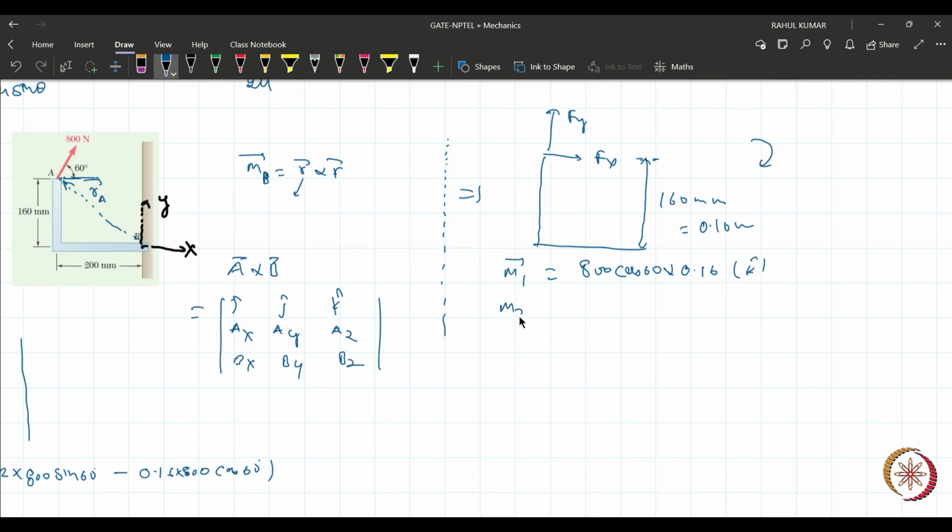What is M2? M2 is by using this force vector. So for this force, what will be the perpendicular distance? 200 mm. And what is the force component? 800 sin 60 into 0.2. And what is the sense of rotation? Sense of rotation is again this, again K cap.